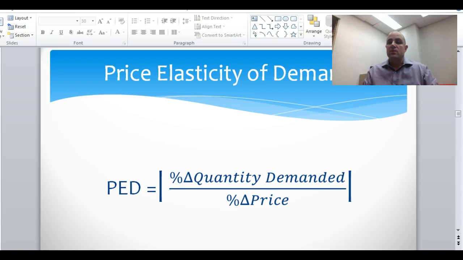Now, why do we take the absolute value? The reason is because it's always going to be negative. Because of the law of demand, if price goes up, quantity demanded is going to go down. Price goes down, quantity demanded goes up. So we know that if the percentage change in price is positive, the percentage change in quantity is going to be negative.